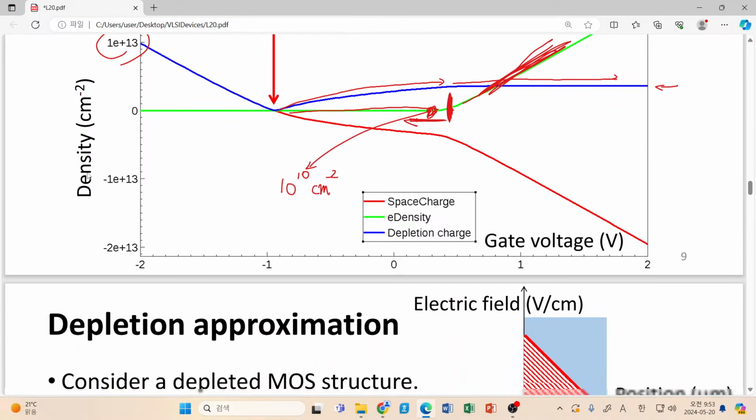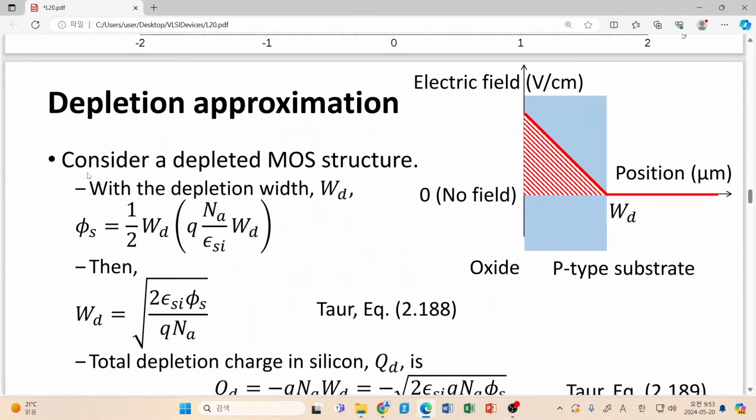Once again, before starting our main story, the derivation of this relation between Qs and surface potential, we first introduce a simple approximation following the depletion approximation. Once we understand this depletion approximation, we will switch to the rigorous derivation. I think that is better than following the textbook's presentation.